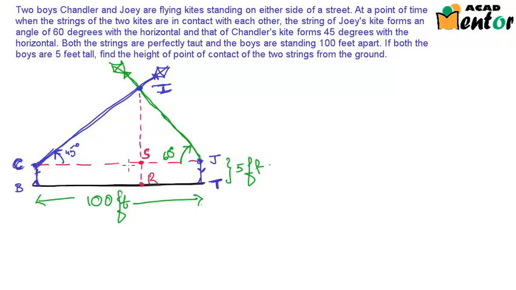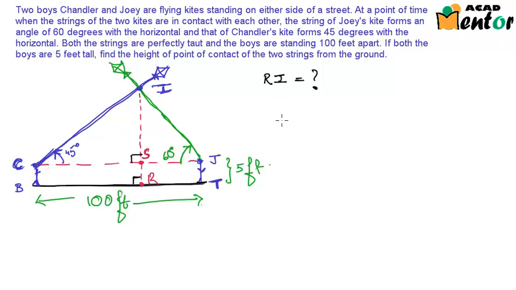If we observe carefully, this angle is 90 degrees, so is this angle. In this figure, we are supposed to find out the height of point of contact of the two strings from the ground. So if this black one is the road, then we have to find out the length of RI.